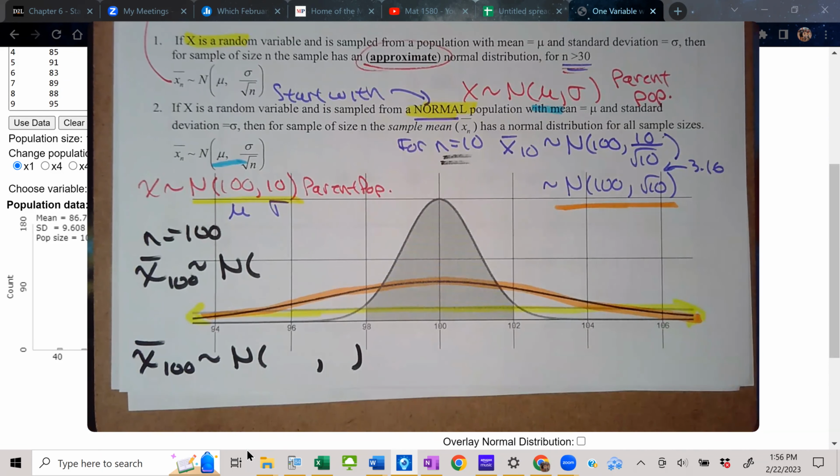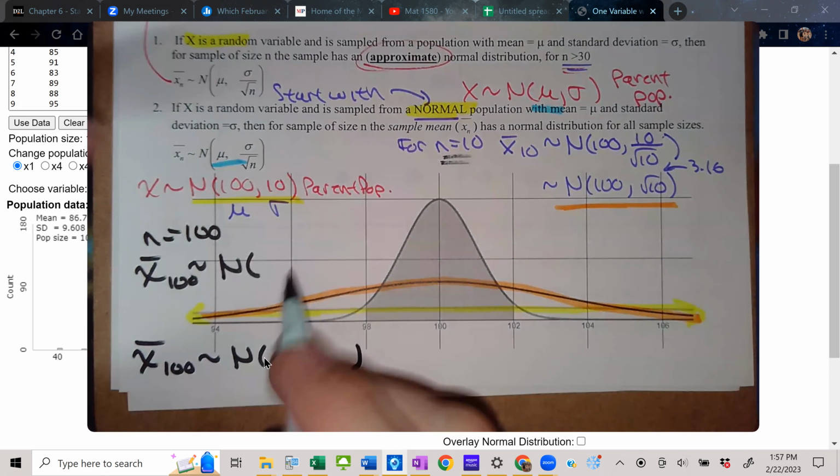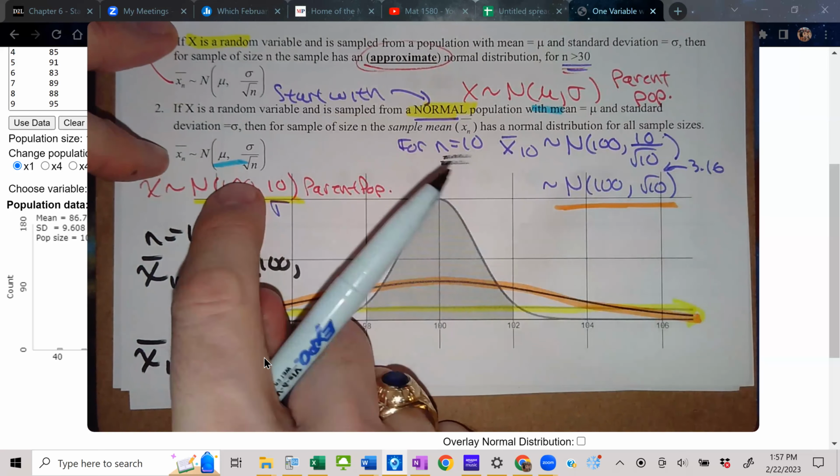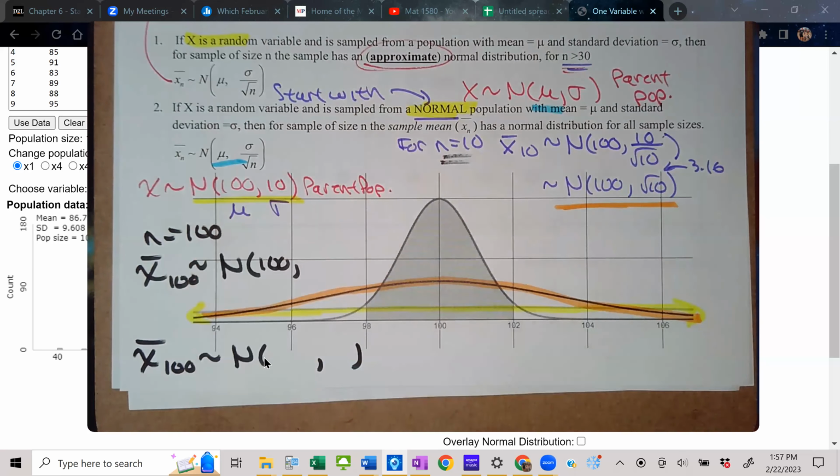All right, somebody help me out here. What's X bar sub 100 going to look like in terms of its distribution? Anyone? 100. All right, it's going to have a mean of 100. Good. Because its mean is going to match the mean of the original distribution, our parent population.